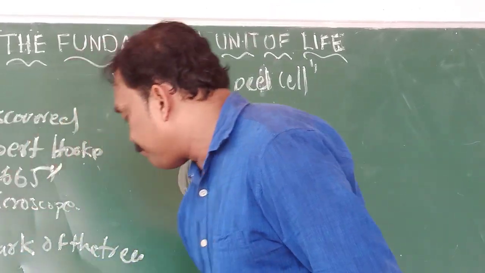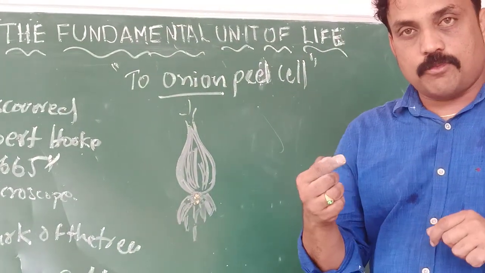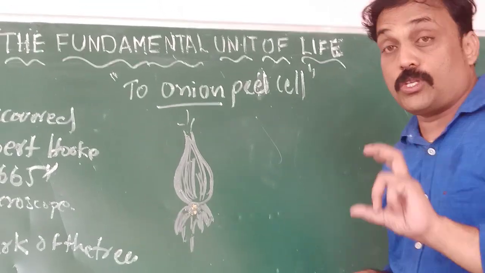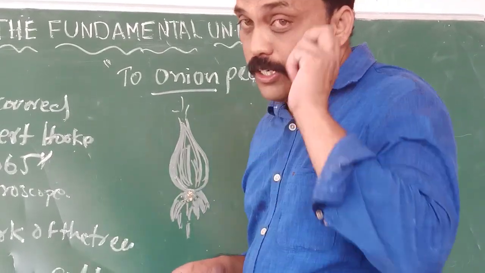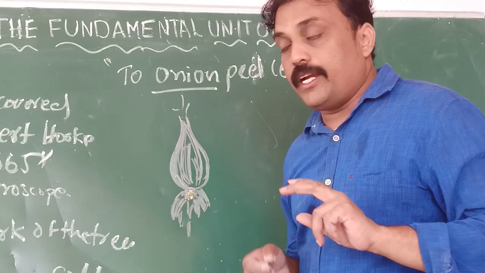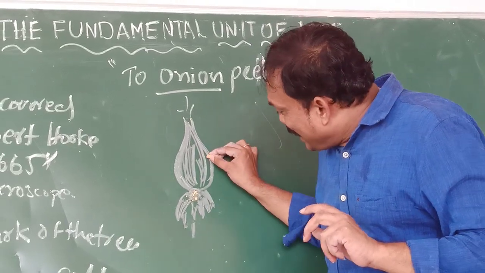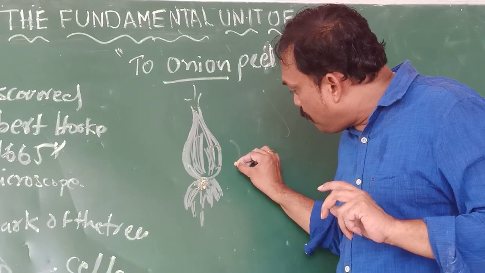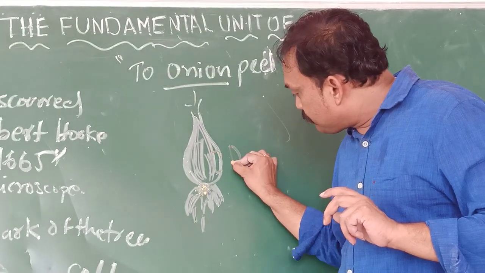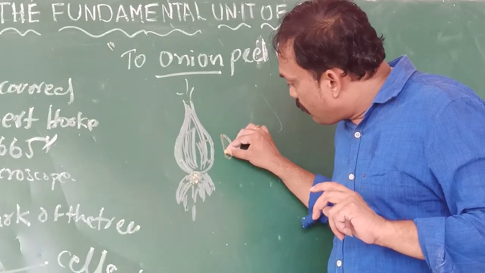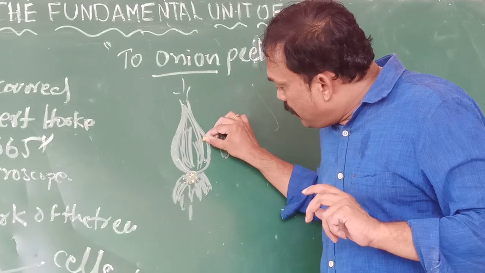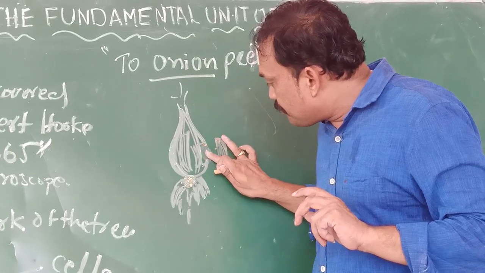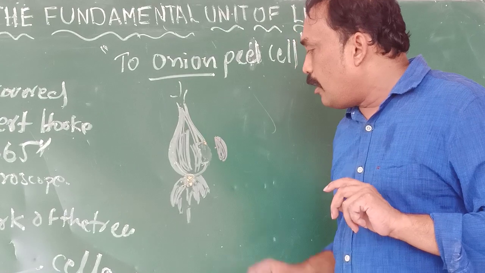Take one knife, a small knife or blade, which is a new one. Take only a new one, don't take an old one. Take one blade and cut the middle piece of the onion.